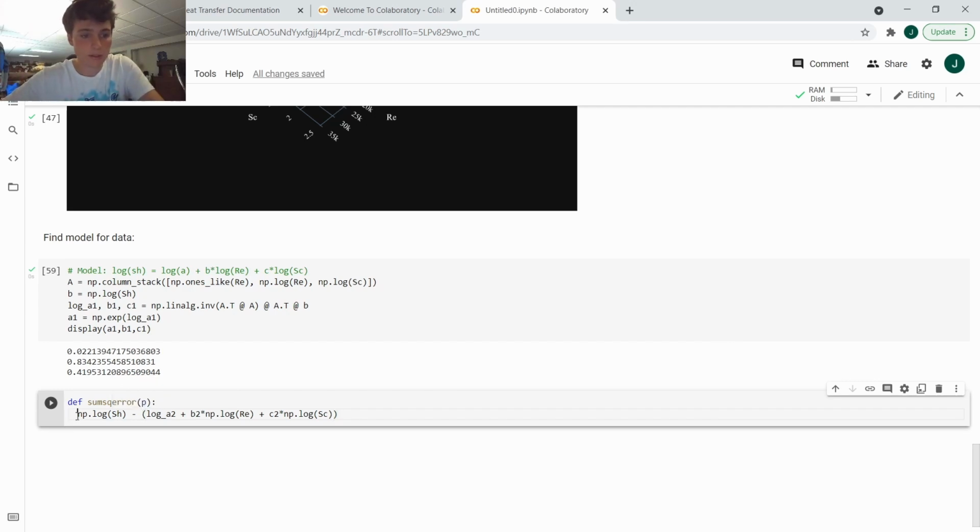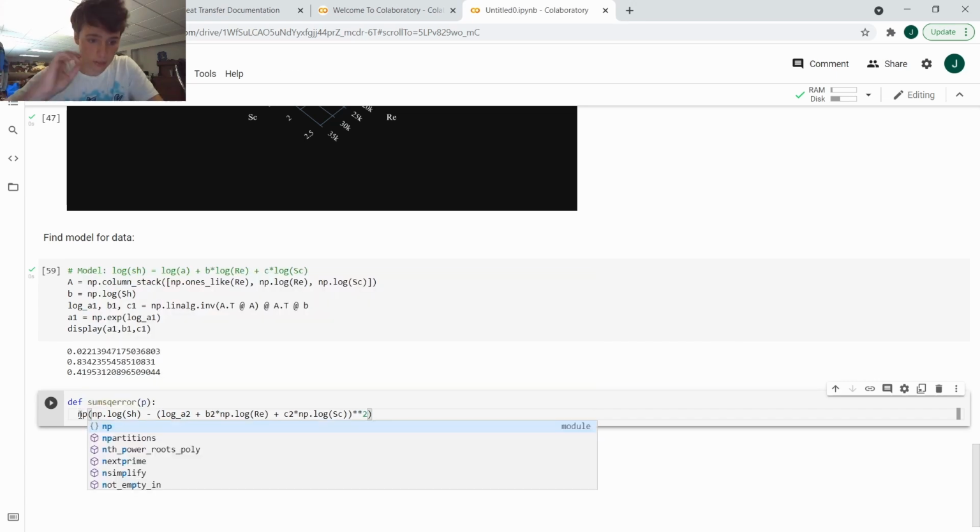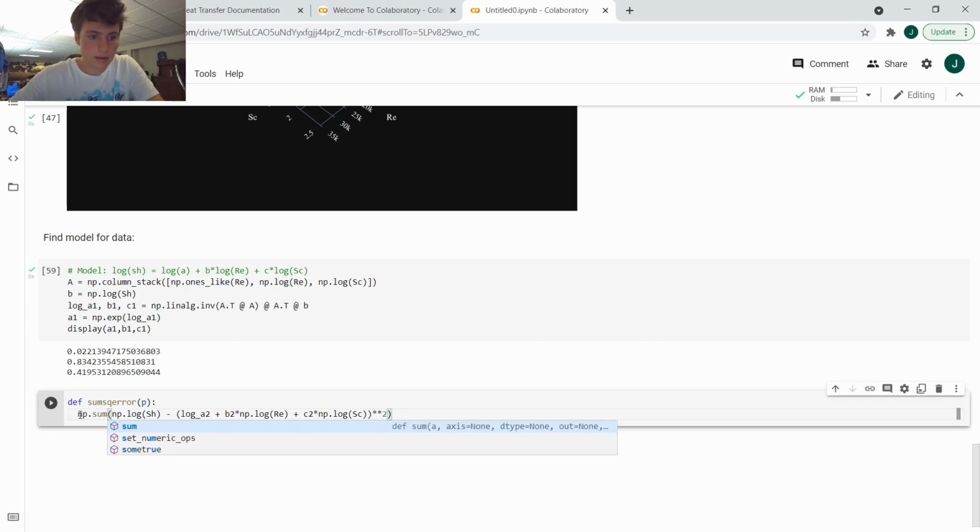So we square this whole thing, and we want to calculate this difference over our entire data set, so we sum. We can use this sum function in the NumPy library, and we want our function to return this.